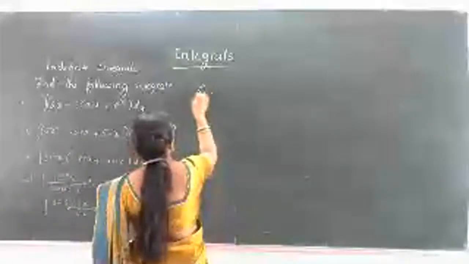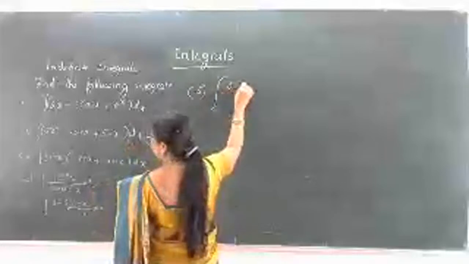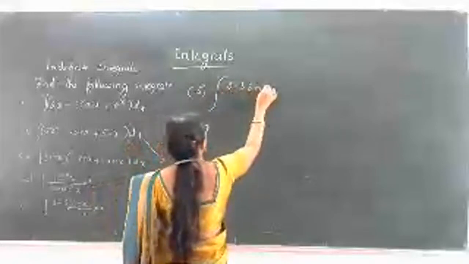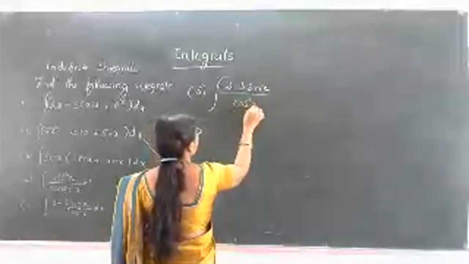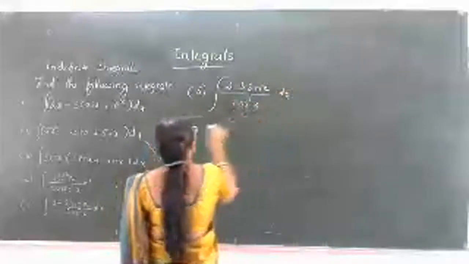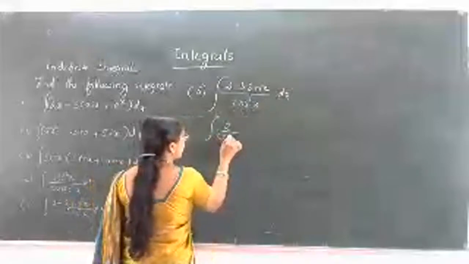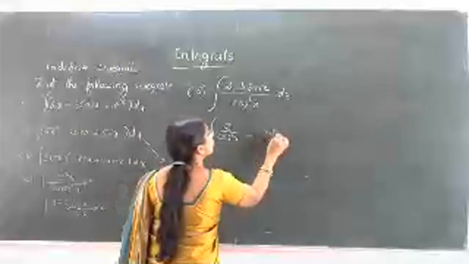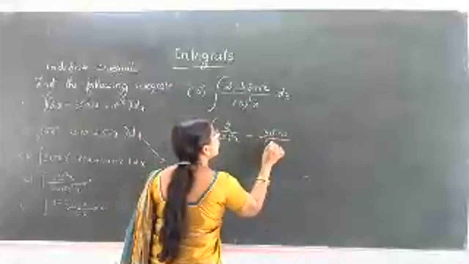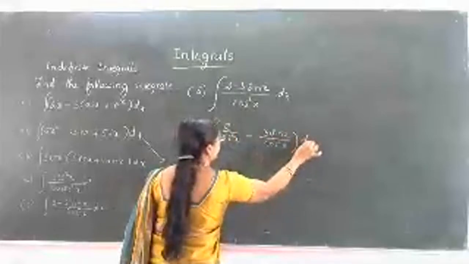integration of 2 minus 3 sin x divided by cos square x dx, which is equal to the integration of 2 divided by cos square x minus 3 sin x divided by cos square x dx.